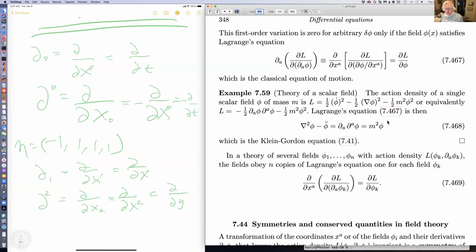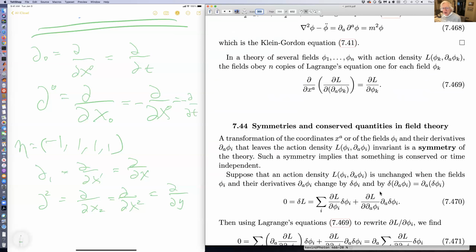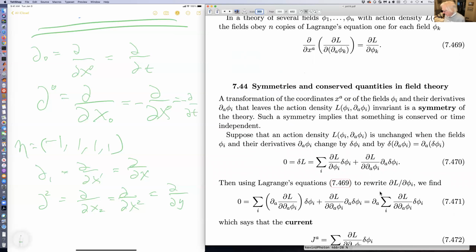To get back to the example, this is the action density, and the Lagrange equation that you get from here is just this. And if you have several fields, phi k, then you differentiate with respect to the derivatives of phi k and with respect to phi k. That's how that works.